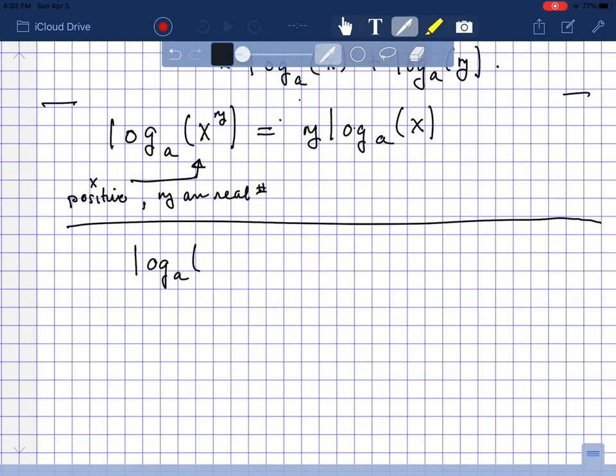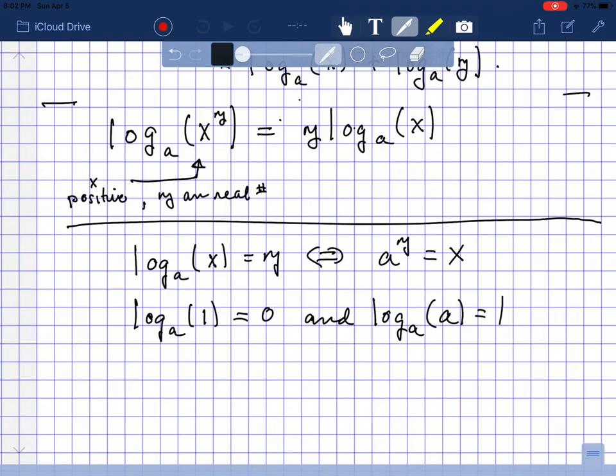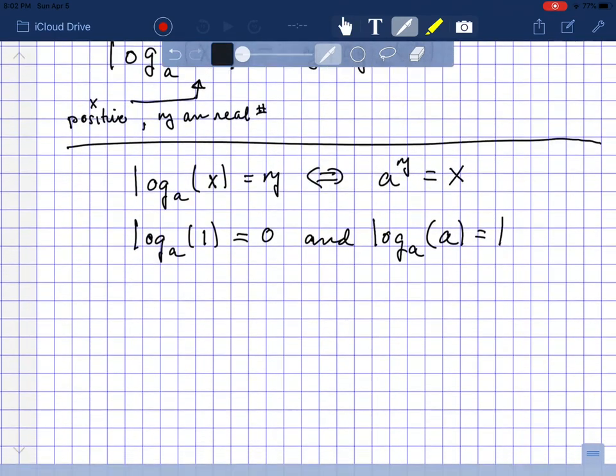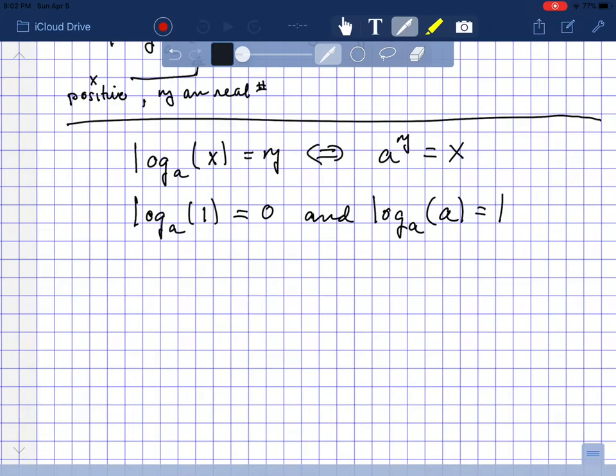So what do we have? Let's start at the beginning. We have the log base a of x is equal to y. This is equivalent to saying that a to the y is equal to x. So this is a basic definition, really, of the log function, because it's the inverse of the exponential function base a. Then we have the log base a of 1 is equal to 0, and the log base a of a is equal to 1.